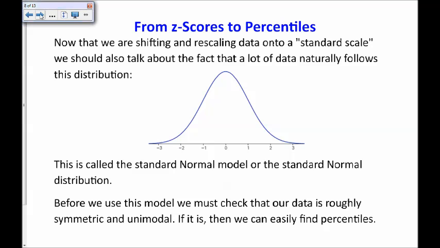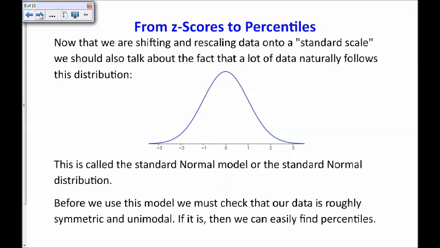Now, let's talk about another way to use z-scores. Now that we are shifting and rescaling data onto a standard scale, we should also talk about the fact that a lot of data naturally follows this distribution. It is called the standard normal model or the standard normal distribution.